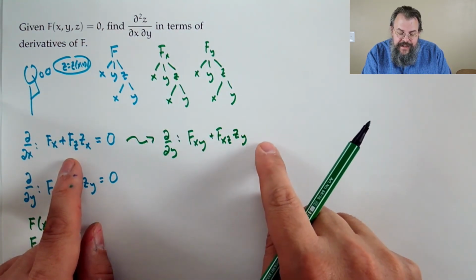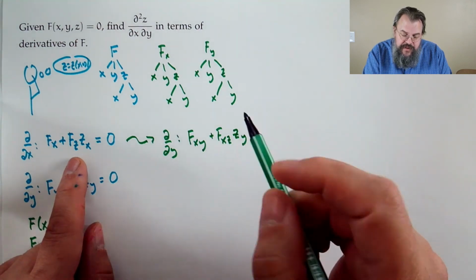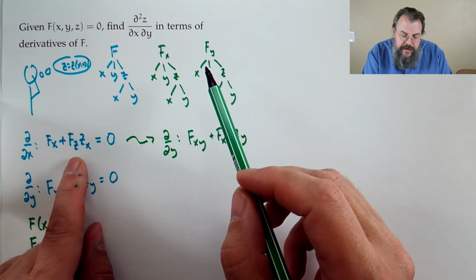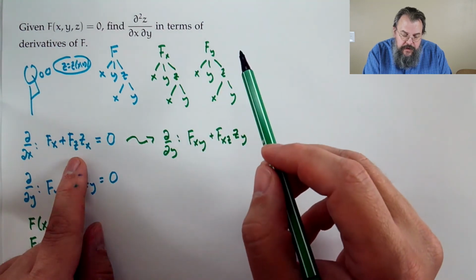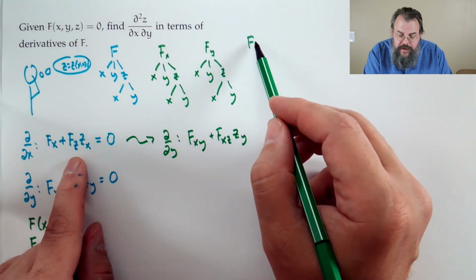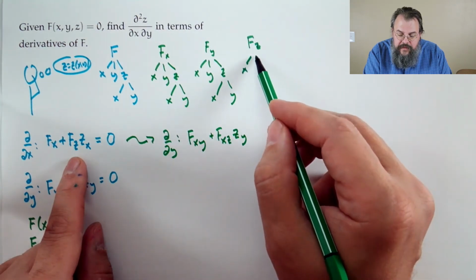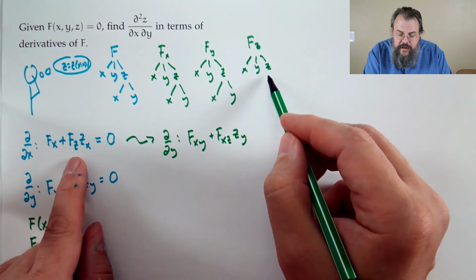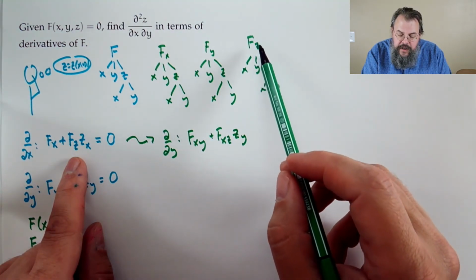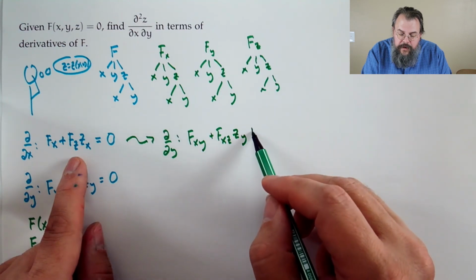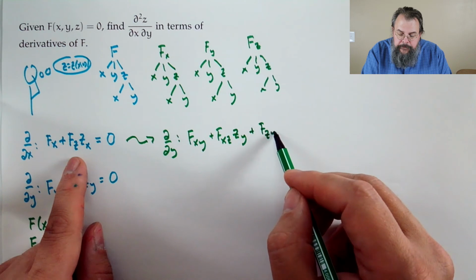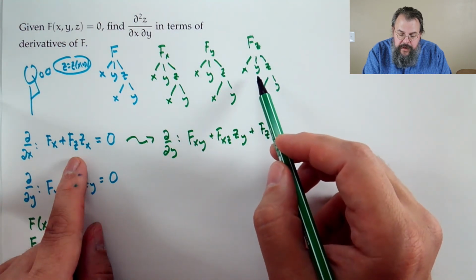Plus, okay, now we come to f sub z. Well, what is that? Take the derivative. Oh, I forgot to draw it. What is f z? Same thing, right? So we still have our x, y, z, x, y. So I want to look at the derivative of f sub z with respect to y. Well, we're going to get f z y. Right? F z with respect to y.